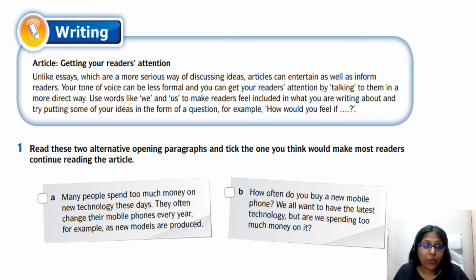Your tone of voice can be less formal and you can get your readers' attention by talking to them in a more direct way. Use words like we and us to make readers feel included in what you are writing about and try putting some of your ideas in the form of a question. For example, how would you feel if?